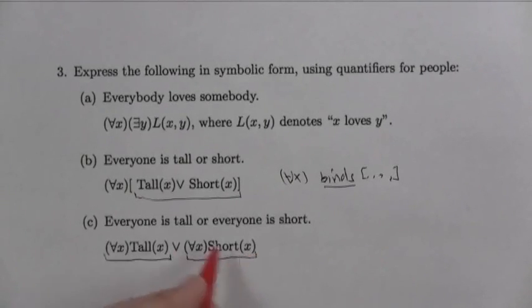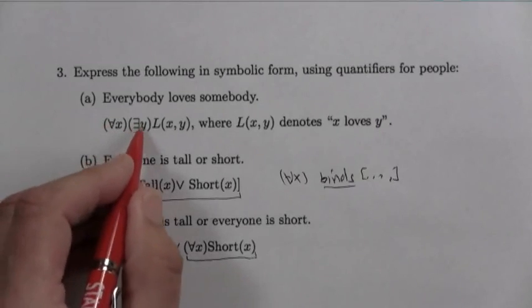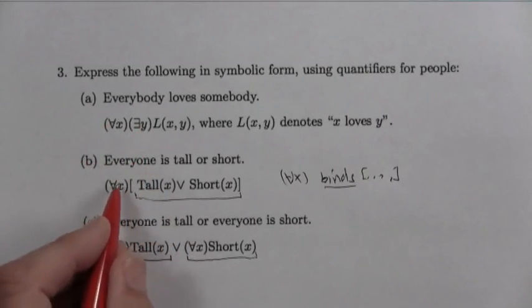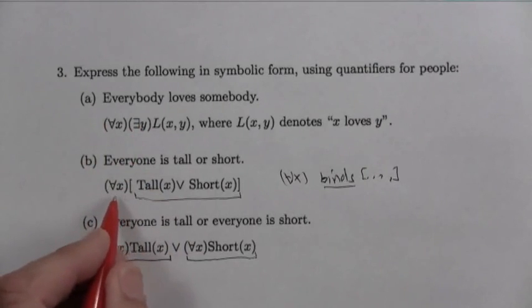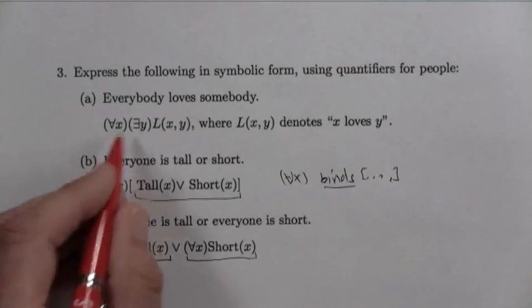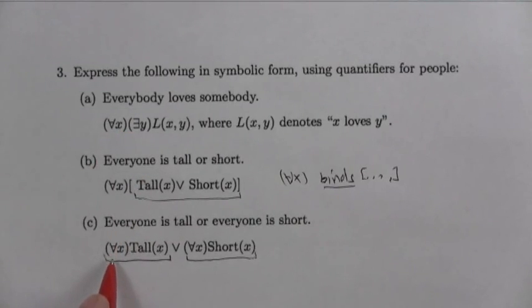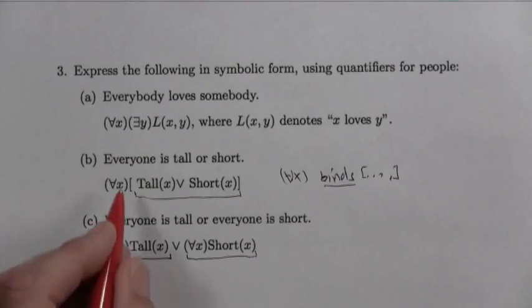You might ask yourselves, do you need these parentheses here? And the answer is no. I've put them in to be clear. Generally, the rule for parentheses is you put parentheses in when you need them to disambiguate. But because this is the first time we're running through these, I'm being explicit with parentheses. The goal in all cases is to avoid ambiguity. And if you haven't got something ambiguous, you don't need the parentheses. All right. So notice that these are different.